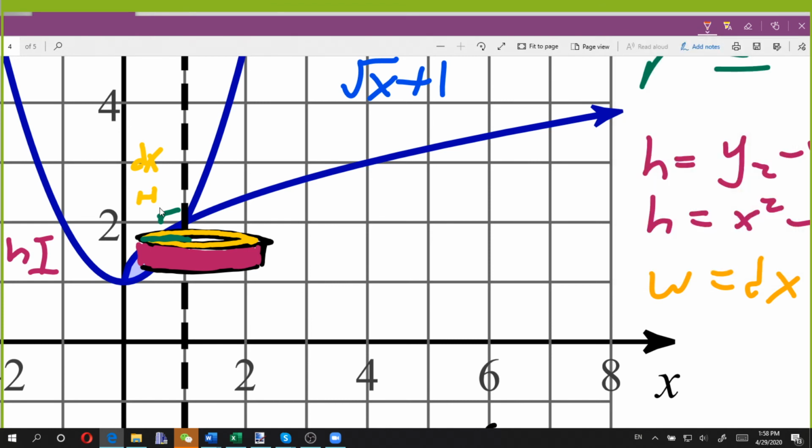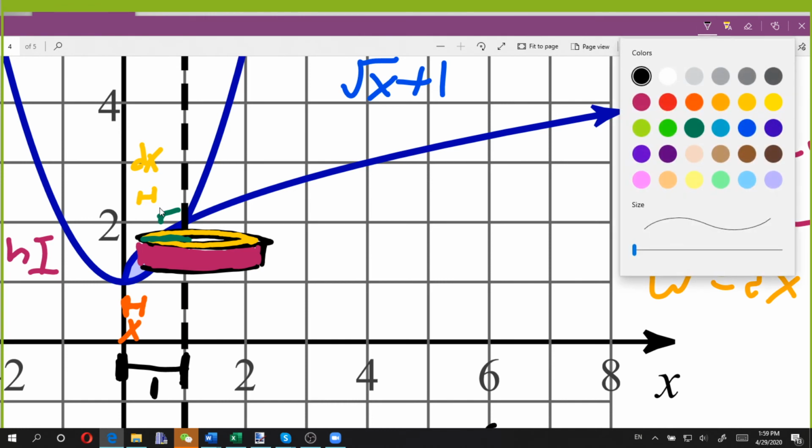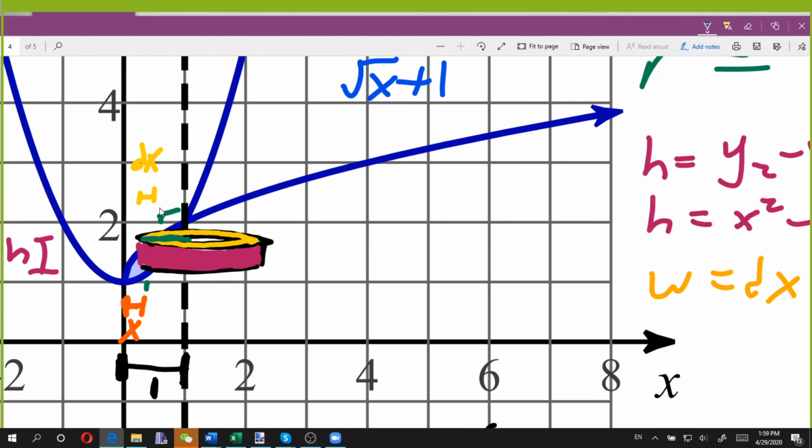So if this distance from 0 to the cross section is x, and this distance from 0 to the axis is 1, then what is the radial distance? 1 minus x, perfect.